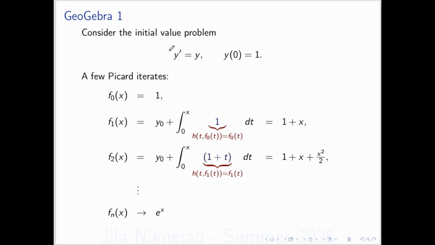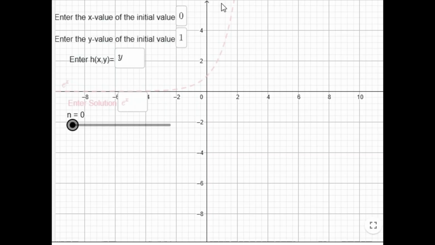Notice that the solution to this equation, which is both separable and linear, is e to the power x and is defined from negative infinity to infinity. So there's no limit in the domain of the Picard iterates at this point. E to the x is graphed here by the pink dashed line.